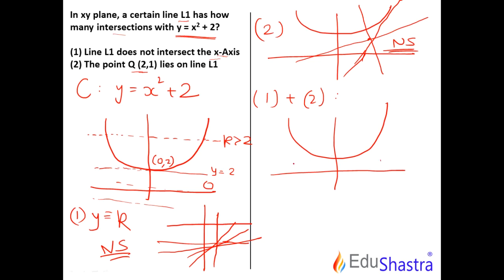So my line will become y equals 1 itself, and it will not have an intersection with this curve. So I will have a definite value, that I have 0 intersections, and hence now this is sufficient. So my answer is C, because on combining I was able to find that there are indeed no intersections. The line is itself defined. It is a fixed line y equals 1 which does not have an intersection with this parabola.